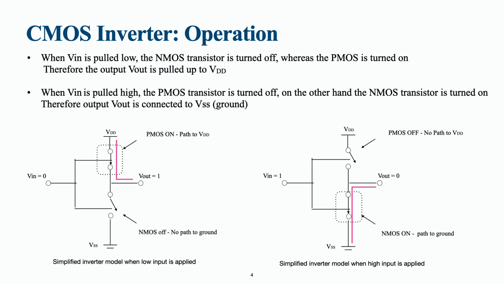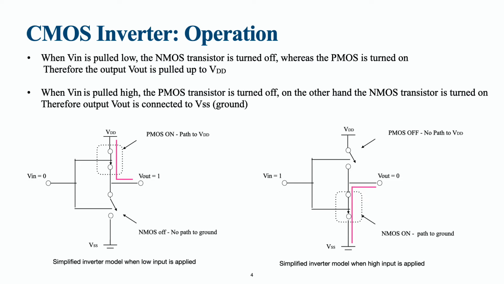Now look into the other diagram where Vin is equal to 1. Now, the PMOS transistor will be off. On the other hand, the NMOS transistor will be on. When the NMOS transistor is on, there will be a path for Vout, that is your load capacitor, to discharge to ground.